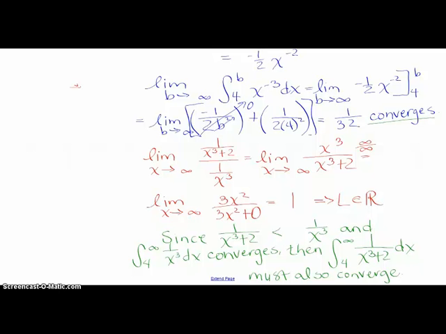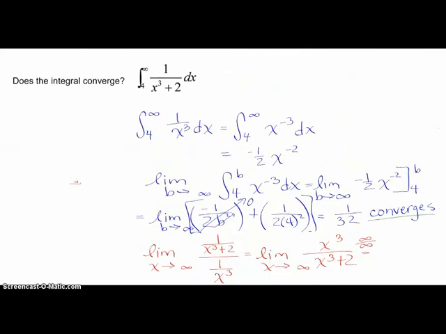So there's an example of how we use that limit and the comparison of two functions to talk about convergence and divergence for an integral that we don't know how to solve.